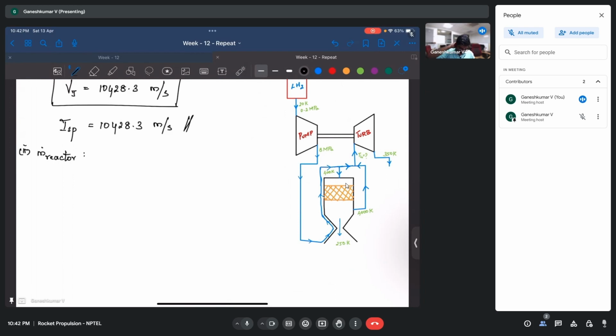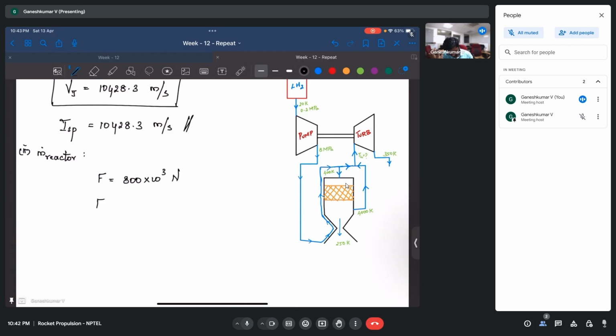So the mass flow rate through the reactor is going to be what contributes to the thrust, right? And we already know the thrust. Thrust is given as 800 kilonewtons, which is 800 into 10 power 3 newtons.